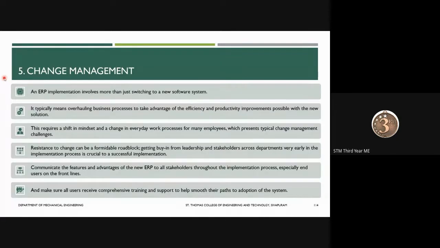Next one is change management. So what is change in management? It is nothing but the management that is responsible for the ERP implementation. We have already discussed the myths surrounding ERP. In one of the myths, we discussed that it is always useful for the executives.